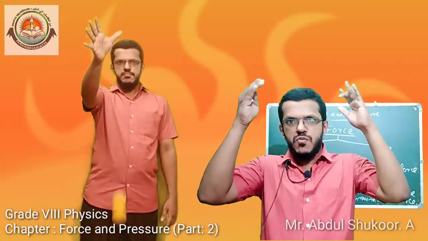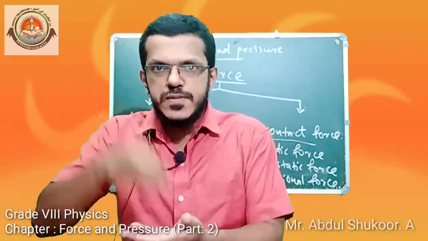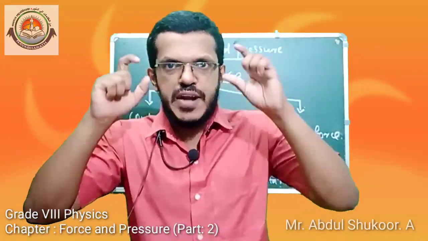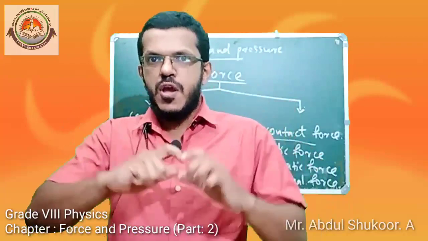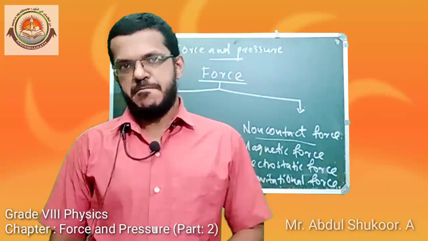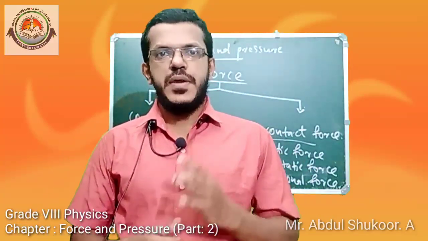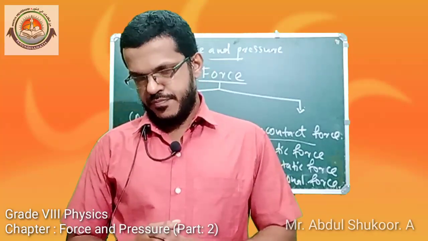In other words, objects fall towards the earth because the earth pulls them. This force of attraction exerted by the earth on any object is called force of gravity or gravity of the earth. Do you understand?